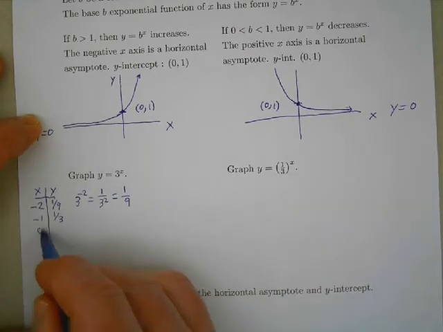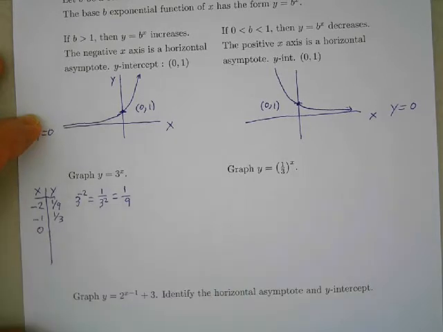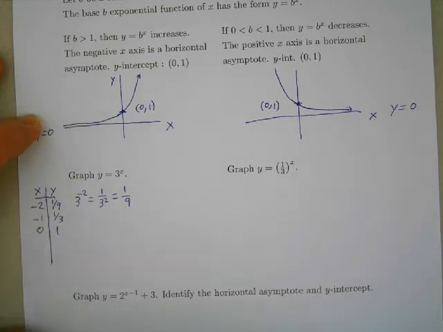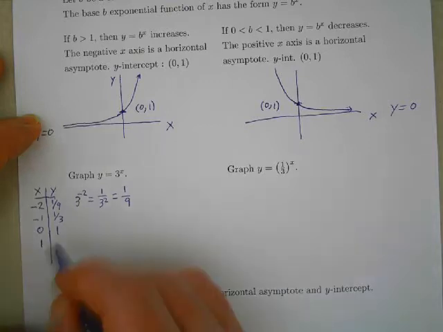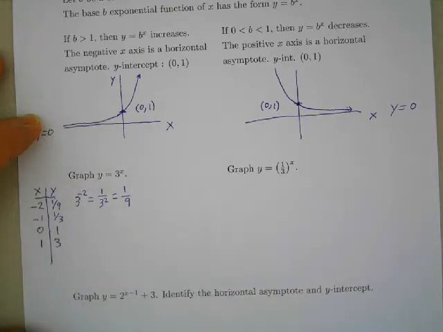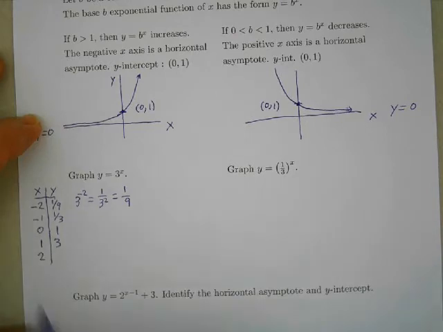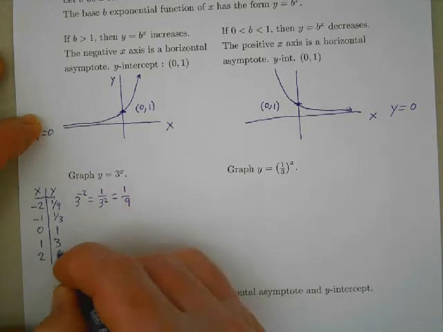If x is 0, we're going to get the y-coordinate 3 to the 0, but that's 1. And when x is 1, the y-coordinate is 3 to the 1st, or 3. And when x is 2, the y-coordinate is 3 to the 2nd, or 9.